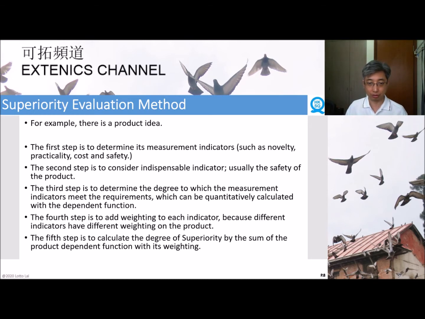The fourth step is to add a rating to each indicator, because different indicators have a different rating on the product. The last step is to calculate the degree of superiority by the sum of the products of the dependent function with its rating.